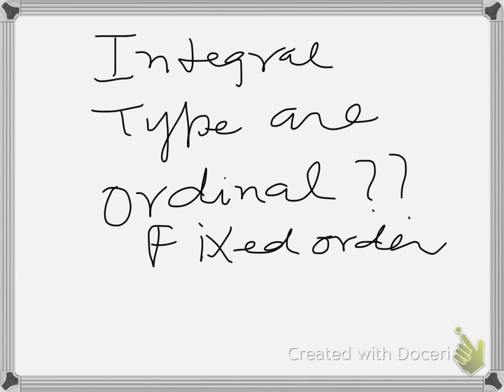What is that order? If I have the number 3, I know that the predecessor to 3 has got to be 2. It cannot be anything else. And the successor to 3 has got to be 4. It cannot be anything else. So predecessor to 3, successor to 3.